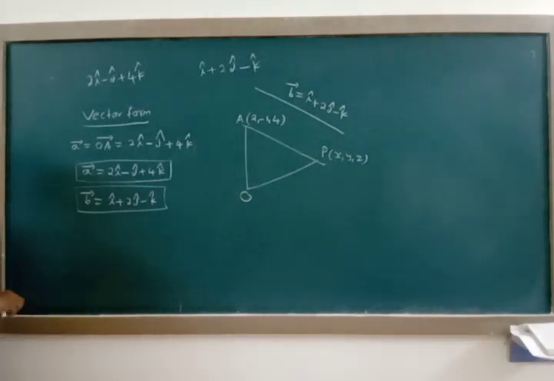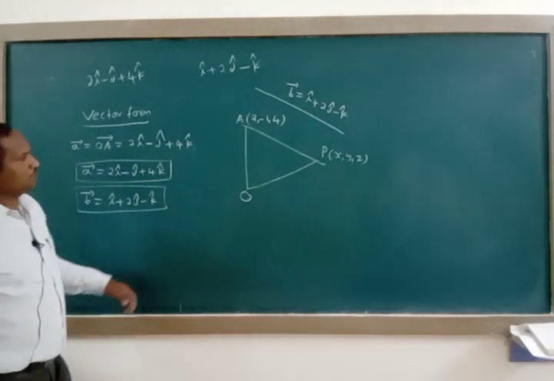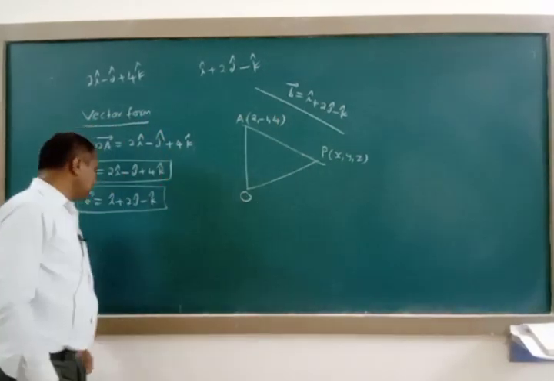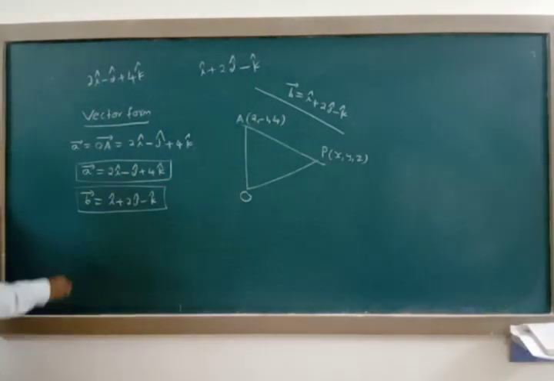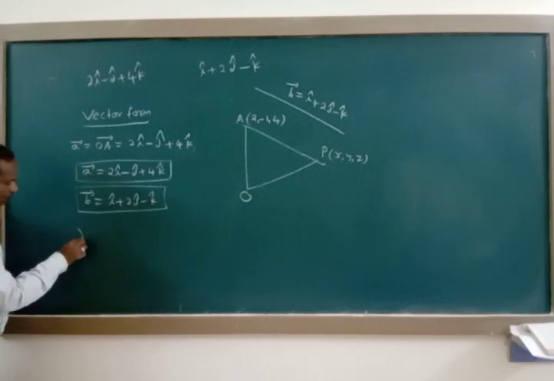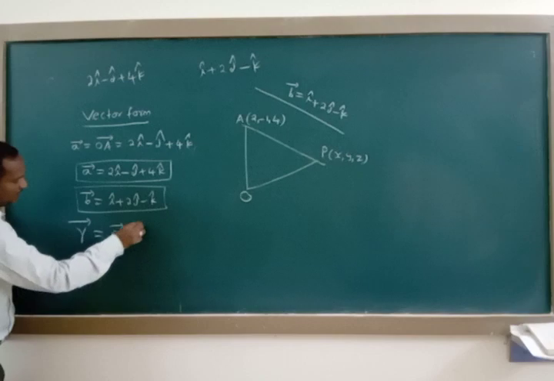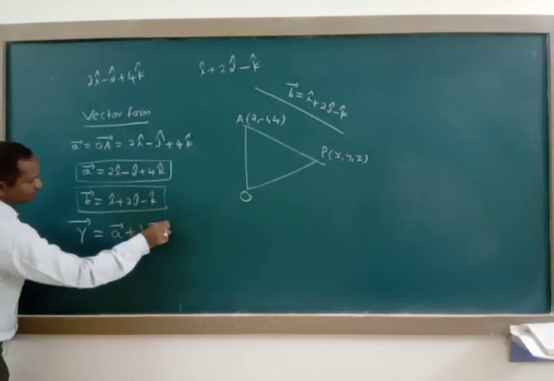The vector form formula for a line passing through a point and parallel to one vector is R vector is equal to A vector plus lambda into B vector.